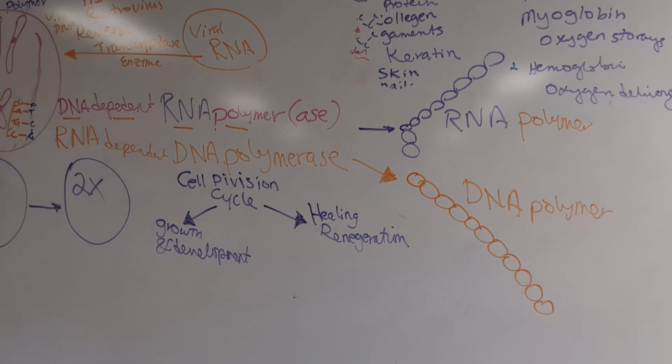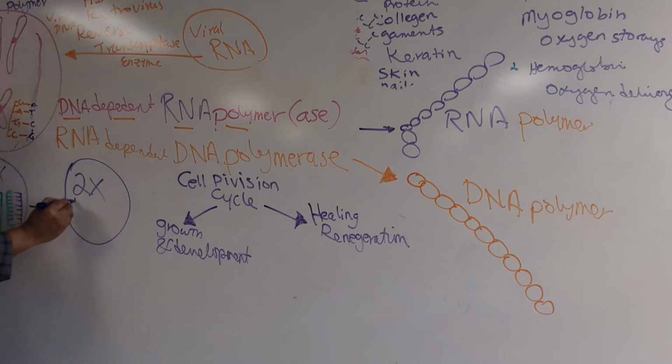So the DNA is going to get replicated, although the DNA used to look like that. We're going to separate the DNA into 2 separate strands. And we're going to use a DNA polymerase, which is going to generate for us another daughter strand. And now I have doubled my DNA.